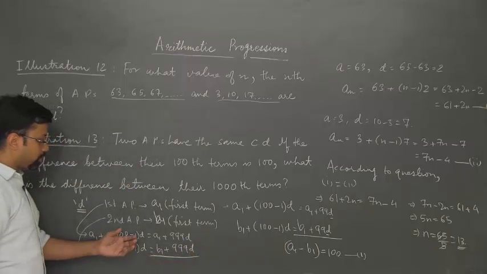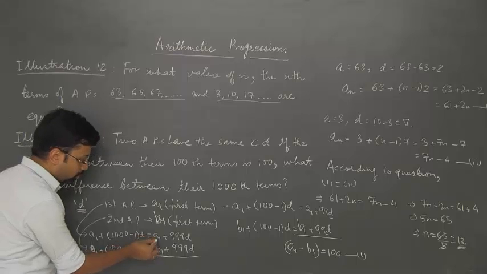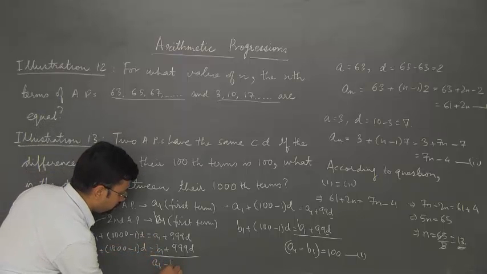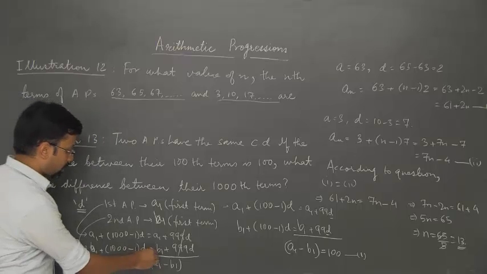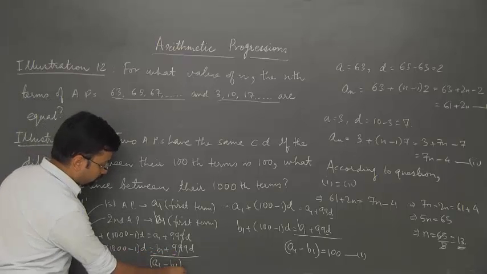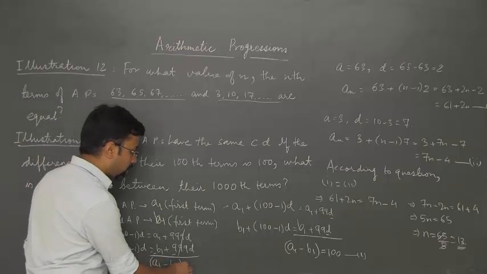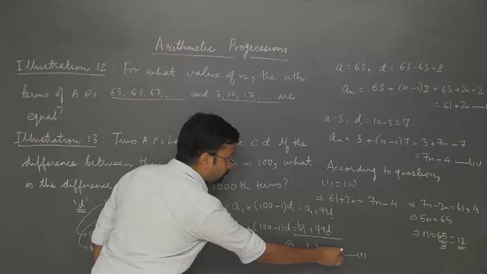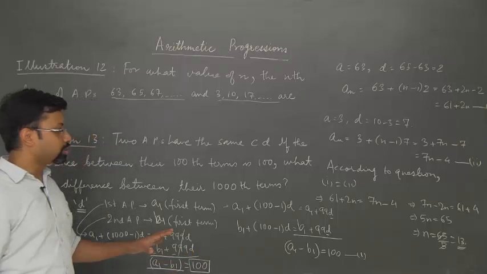When you subtract these two, 999D will cancel out. So the difference of the 1000th terms will also be A1 minus B1, which from the first equation is 100.